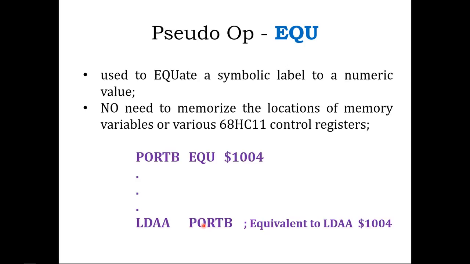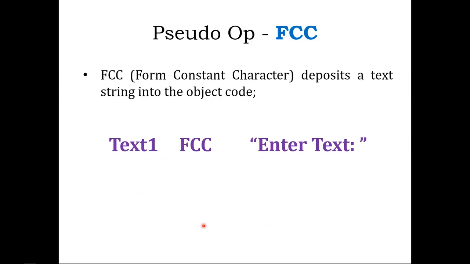Now what is good about this? The good thing is you don't have to memorize the number. It's much easier to memorize PORTB than the address of port B, because you don't have only port B, you have several other ports, right? And you don't want to memorize all of the addresses when you are writing the program. So that makes it easy.